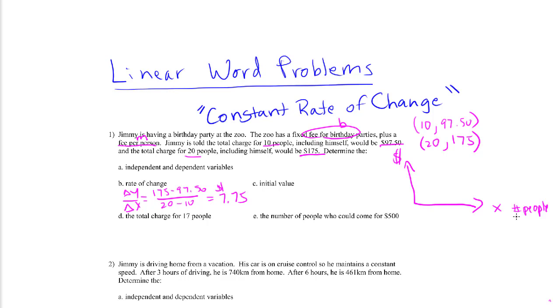Remember and think about our slope as a rate of change per unit x variable, whatever that x variable is, people in this case. What's the initial value? Well, we don't know that, but we can figure that out.